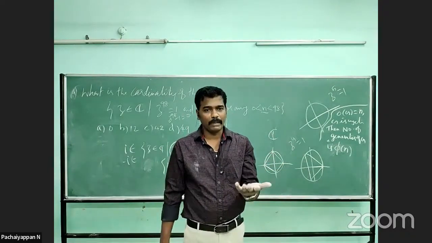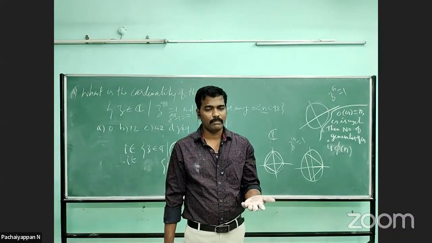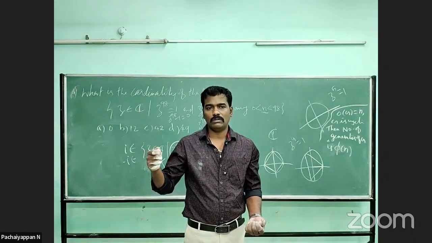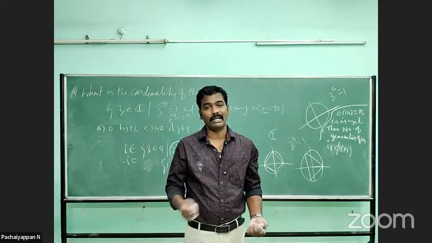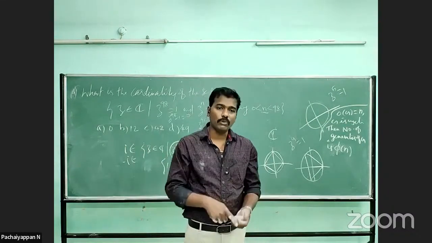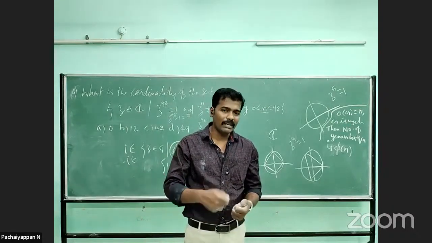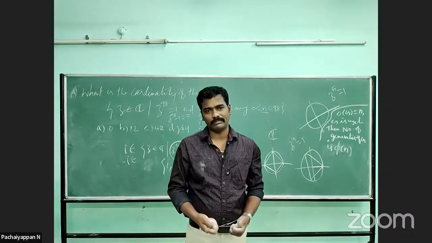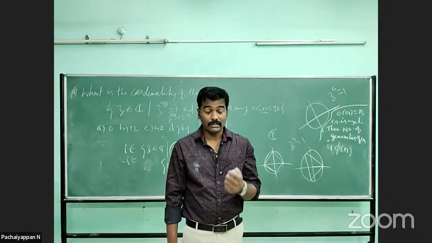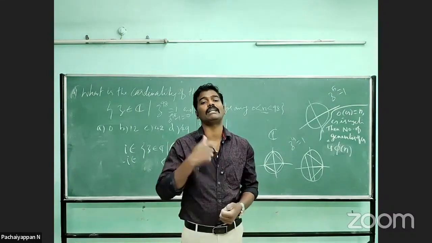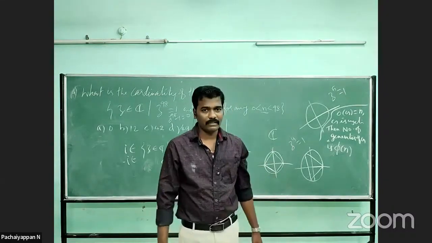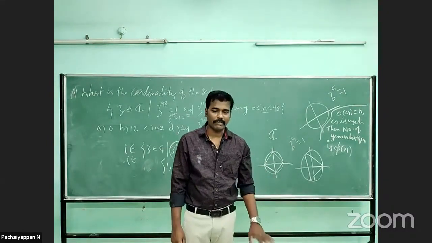Do you know what phi of n means? Phi of n is the number of elements less than n which are relatively prime to n. Is there any formula for phi of n?